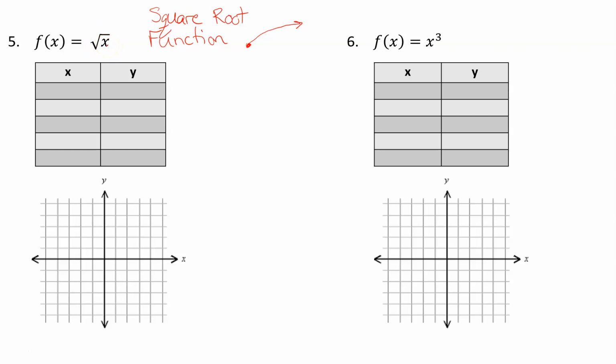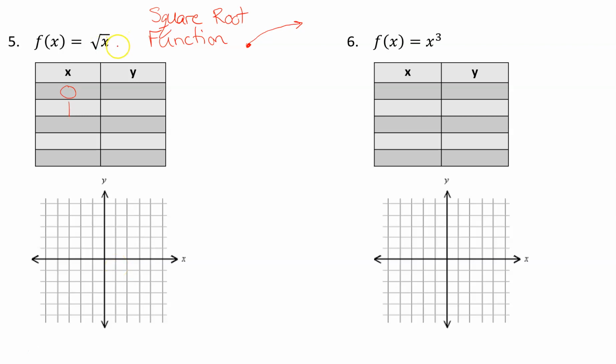So we could do 0. We could do 1. Then when I think about 2, well, if I put 2 in there, square root of 2 is a decimal number that I would have to round, and then I would have to estimate where to plot it. So really, I would prefer to have perfect squares.